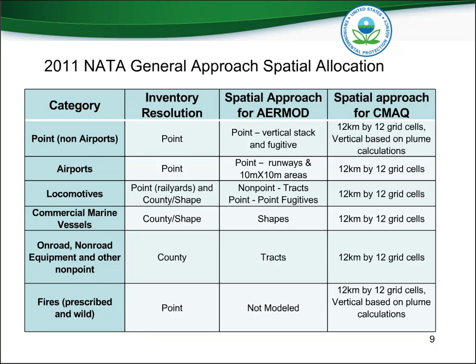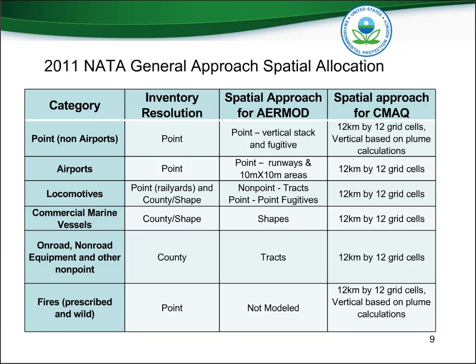I also want to point out commercial marine vessels. Starting with the 2008 NEI, we have shapes for those. So not only are they reported at the county, but there are actually sub-county level shapes, and we use those in our AirMod modeling for characterizing those. Previously, in the 2005 NATA, we allocated from county to tract where these commercial marine vessel emissions may not actually be.